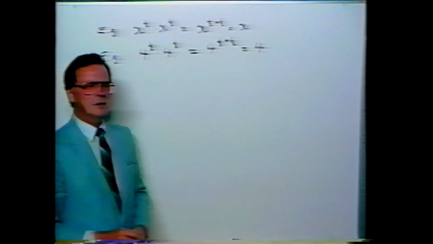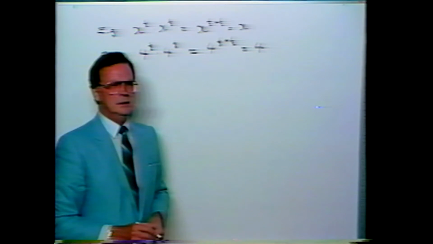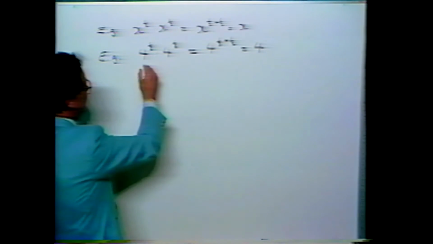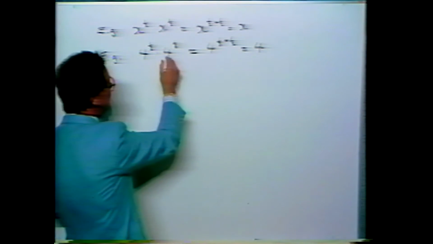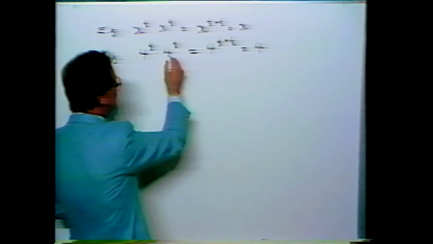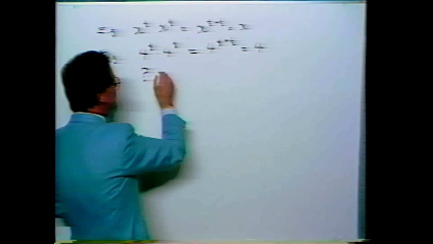Let's examine the left side of this last example. You can see that I have multiplied a number, 4 to the 1/2, by itself, another 4 to the 1/2. For now, I'm going to ask this question.